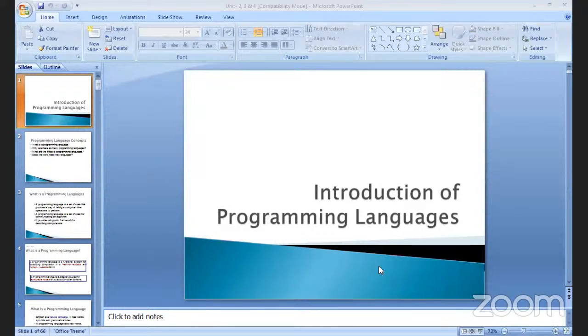The term software was introduced in 1957 by John W. Tukey.